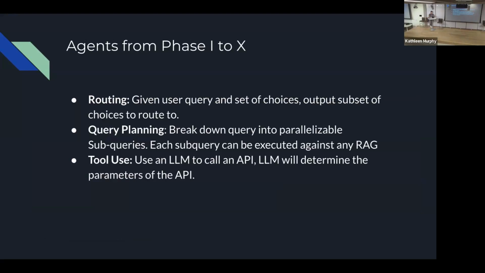It's called a routing agent. Basically, you send a query to the system with a set of choices, and then the system gives you an output from the subset of the choices that you previously sent. So that's a routing. Basically, it's a very simple chatbot, right?